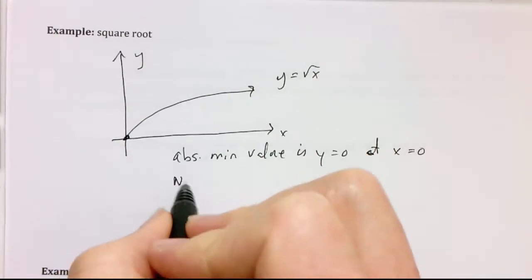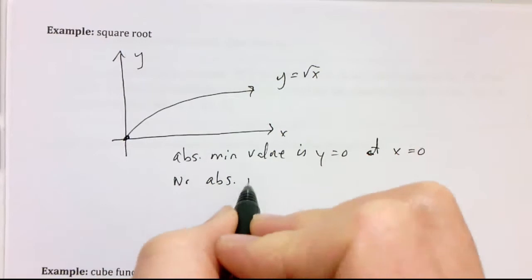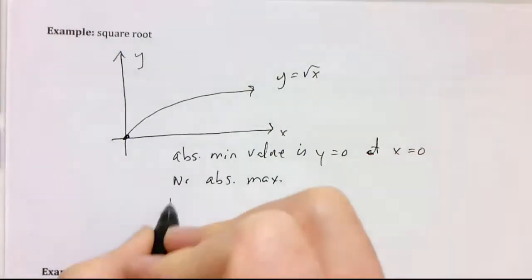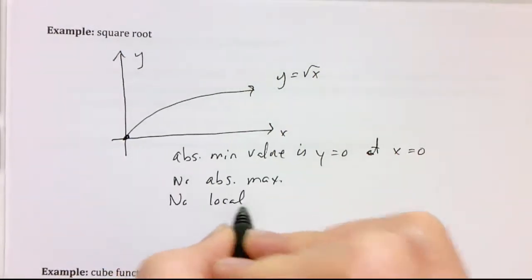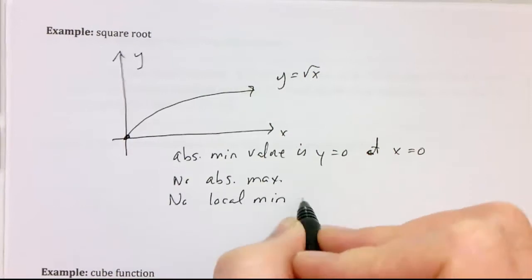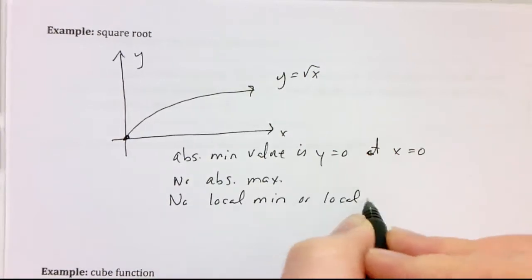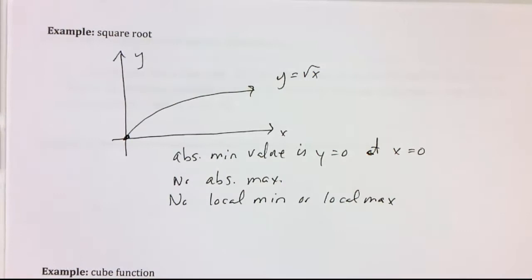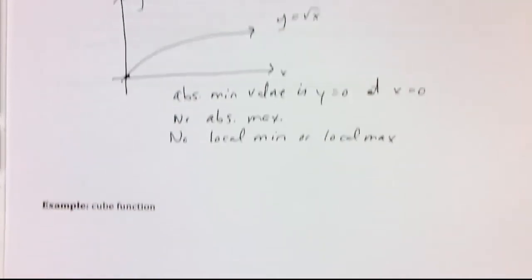And there's no absolute max. It grows forever. And there are no local mins or local max. You can't have a local extreme point at an endpoint.